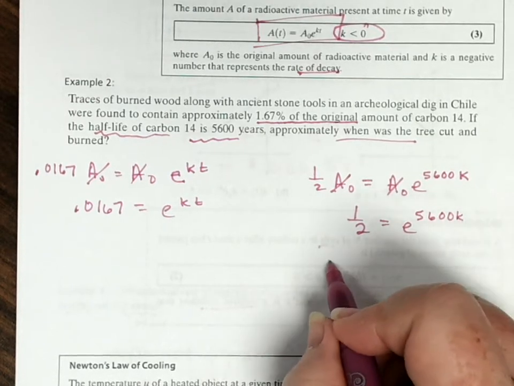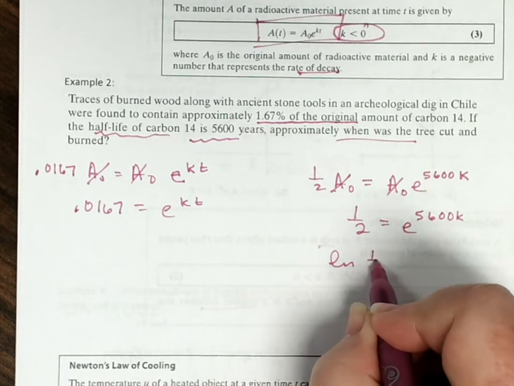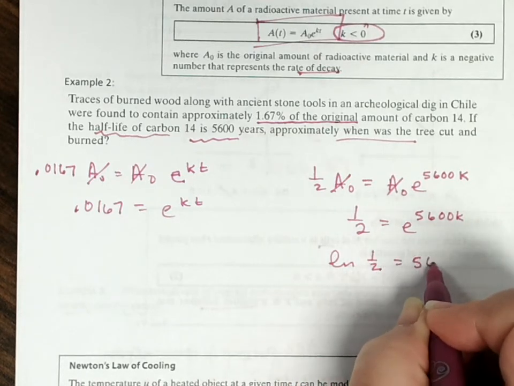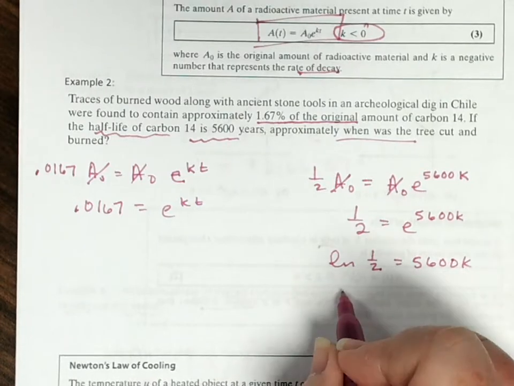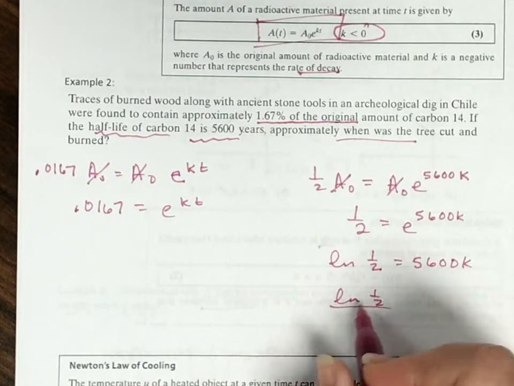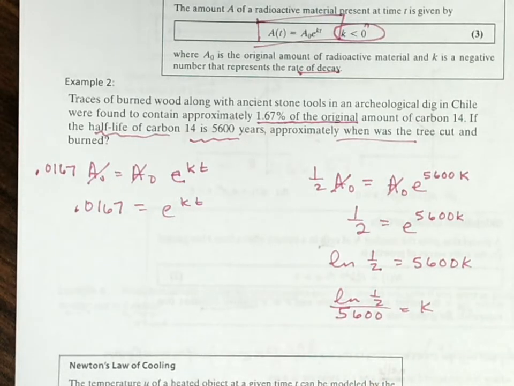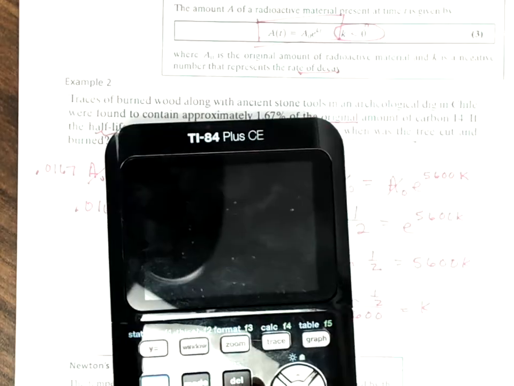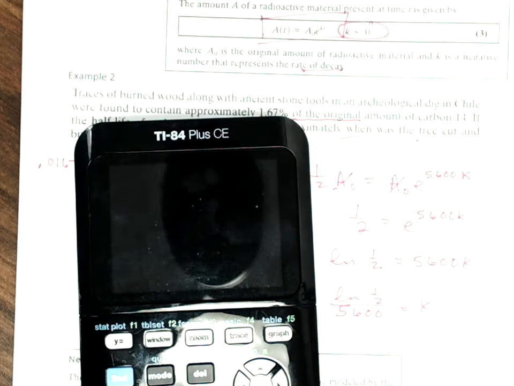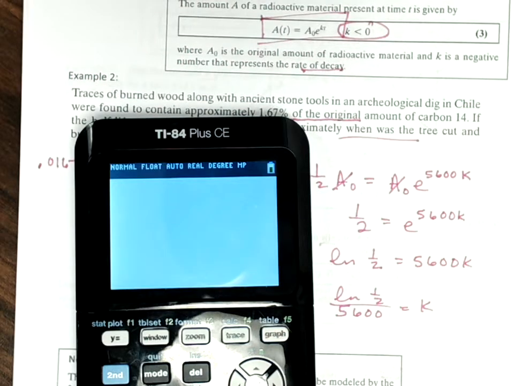To solve this, I'm going to do natural log of 1/2 equals 5,600k. So natural log of 1/2 divided by 5,600 is the constant value. And so when I'm looking at this problem, I'm going to enter the natural log of 1/2 divided by 5,600 years.